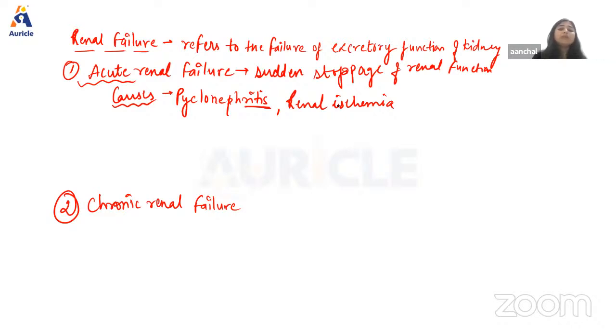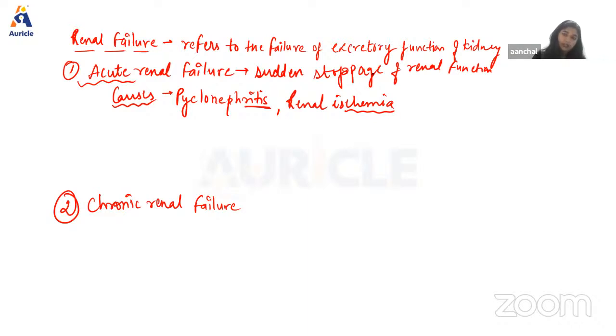So always remember, ischemia means deficiency of blood supply. So whenever the term renal ischemia comes, it directly indicates that there is a deficiency of blood supply in the kidney due to presence of any kind of obstructions inside the blood vessels.